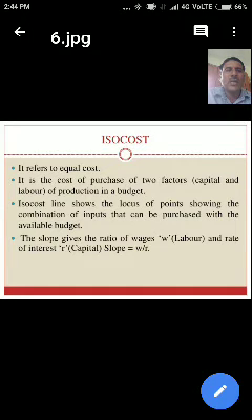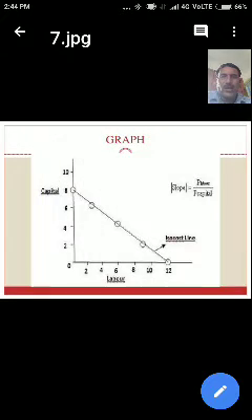The isocost line shows the relationship between the prices of the two factors, labor and capital, and the total outlay of the producer. Graphically, we take the x-axis and y-axis. In the x-axis we take labor units, in the y-axis capital units.